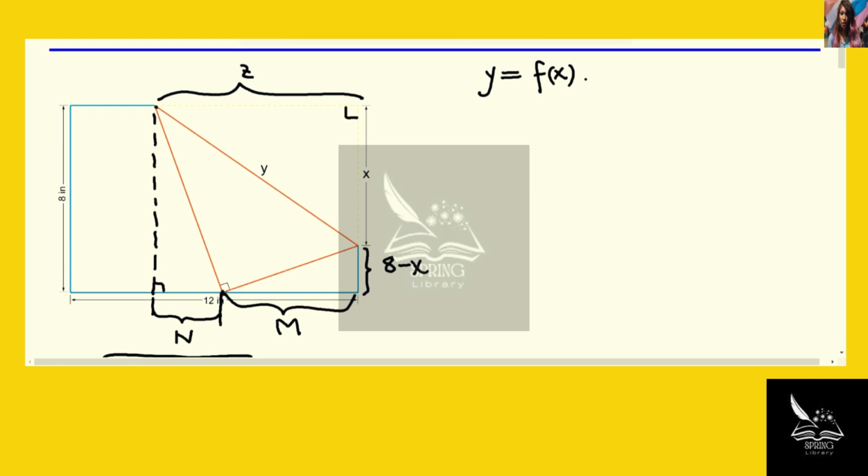Okay, so we want to write y in terms of x, and for that we are going to use these right triangles we have drawn here. The first one is this with the red lines. The other one is this here using the bottom right corner of the paper.